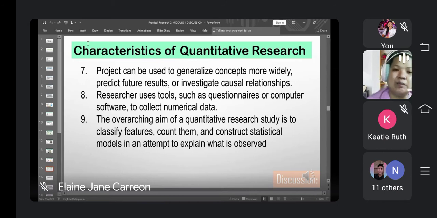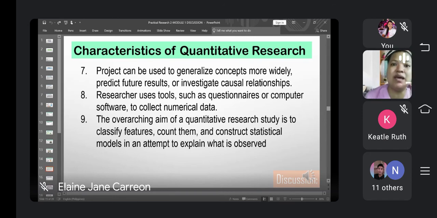Okay, number 7. Project or project can be used to generalize concept more widely, predict future results, or investigate causal relationship. So in here, hindi lang yung future results yung pwede mong ma-predict. You can also find the cause of the problem using the data you gathered.